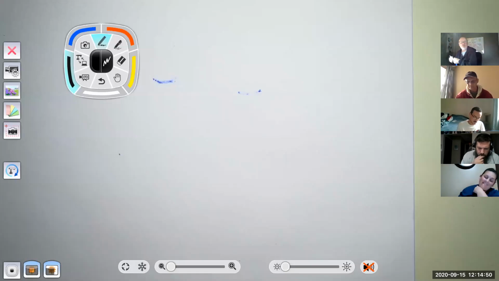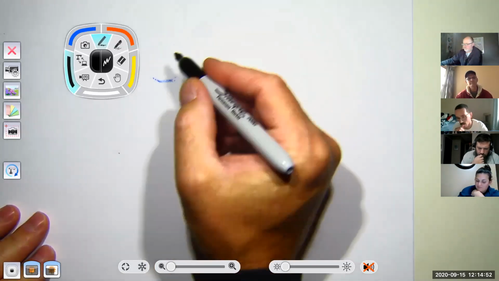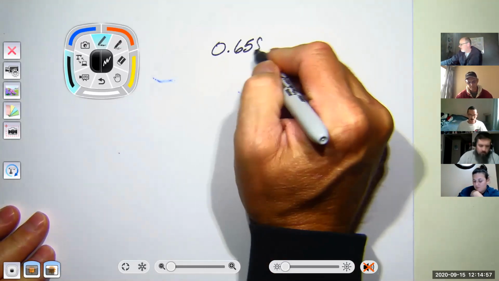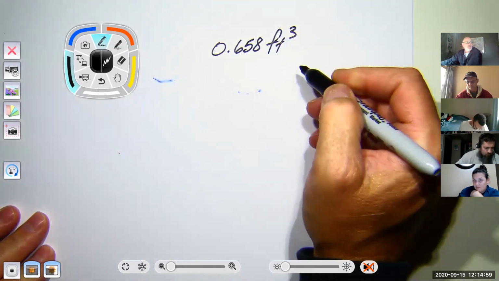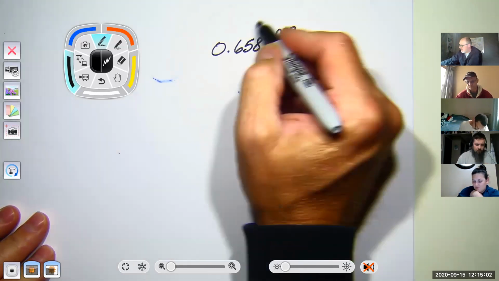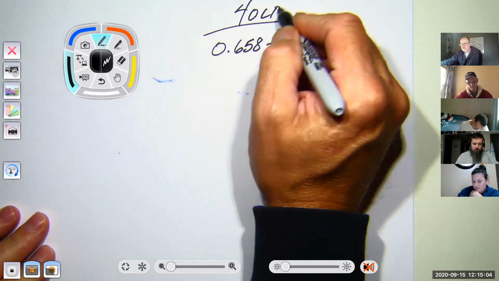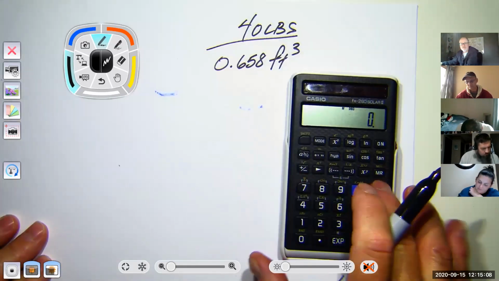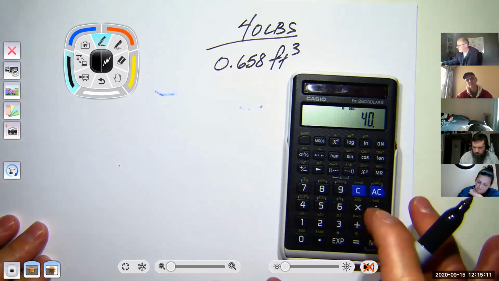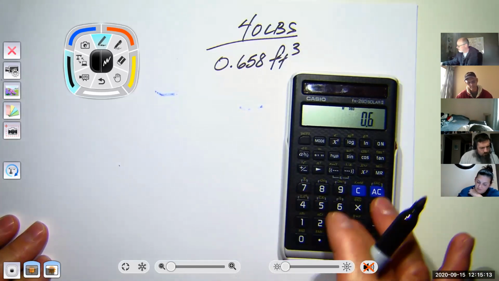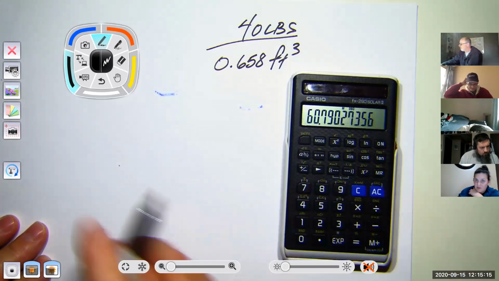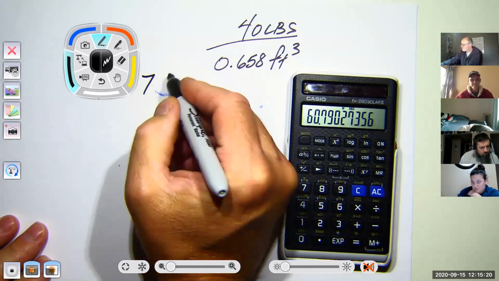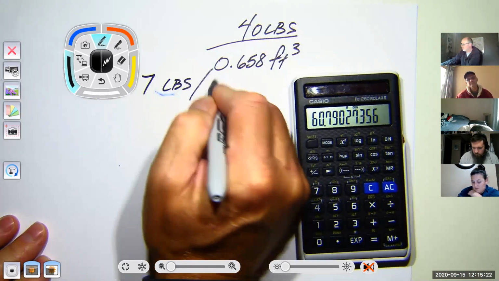So we have an object with a volume of 0.658 cubic feet, and it has a mass of 40 pounds. So I want to get its density. I'm going to do 40 divided by 0.658. So its density is 60.7 pounds per cubic foot.